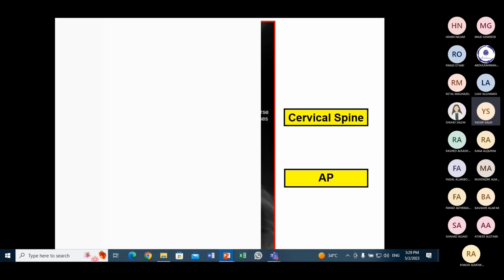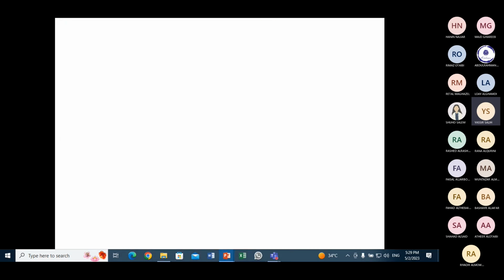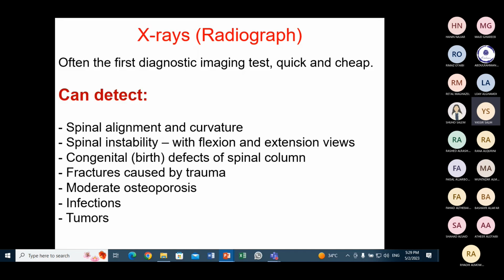Plain X-ray can help us in evaluation of the alignment of the vertebral body, and also if there is abnormal curvature, such as scoliosis, abnormal lordosis or abnormal kyphosis, and spinal instability, especially by dynamic scan, such as X-ray with flexion and extension views. We do it during flexion or extension to assess the spinal instability.